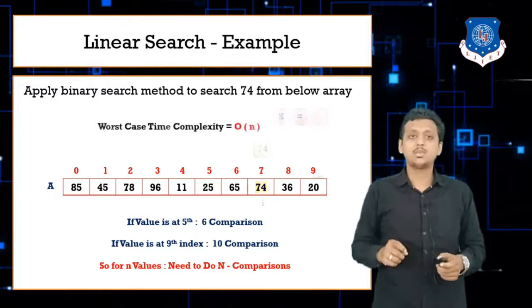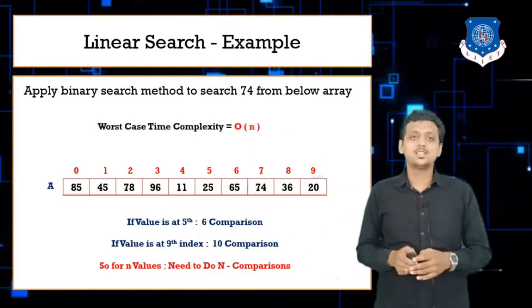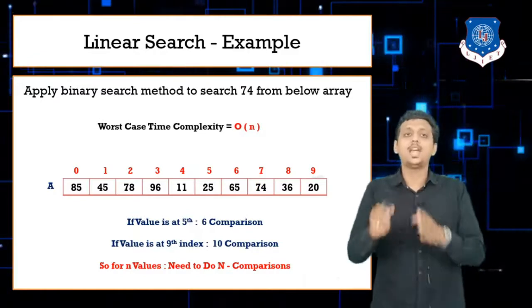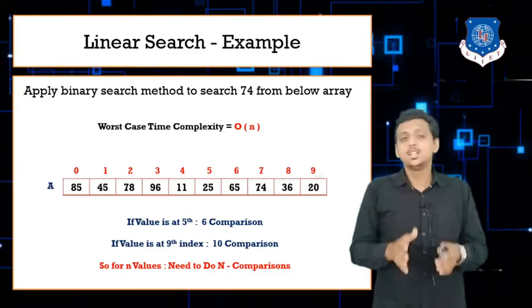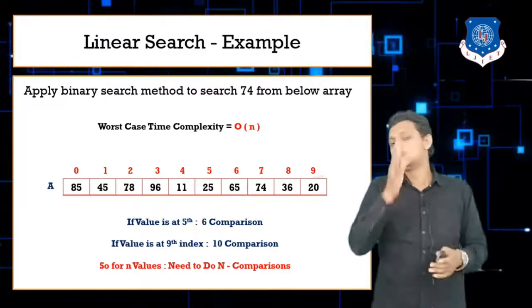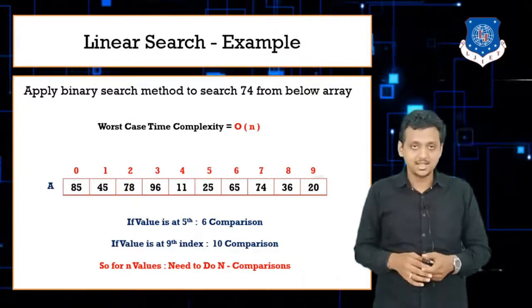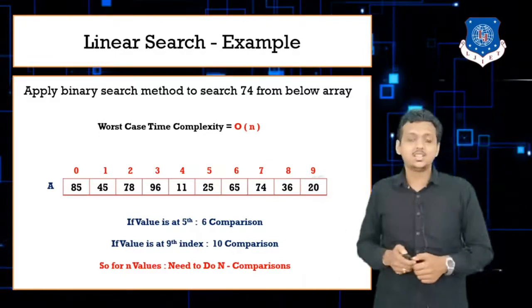That's why the worst case time complexity for the linear search algorithm is O of n. For 10 values you need to compare at least 10, for 100 values you need to compare at least 100. That's why for n values you are going to compare n elements. So that's the time complexity of the linear search.